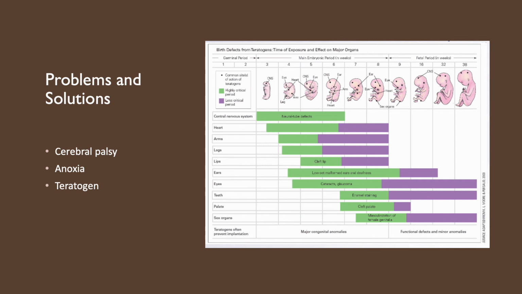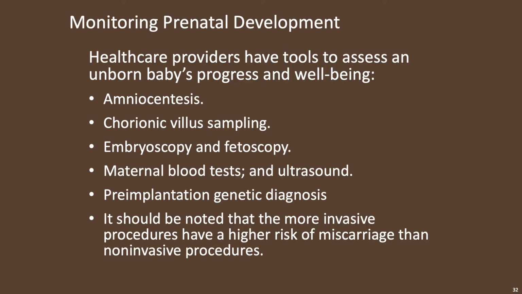The general rule is to avoid all drugs unless absolutely necessary during pregnancy. Likewise, alcohol exposure is a common cause of mental retardation and the leading preventable cause of birth defects in the U.S. Fetal alcohol syndrome and other less severe alcohol-related conditions are estimated to occur in 1 in every 20 births in the United States.